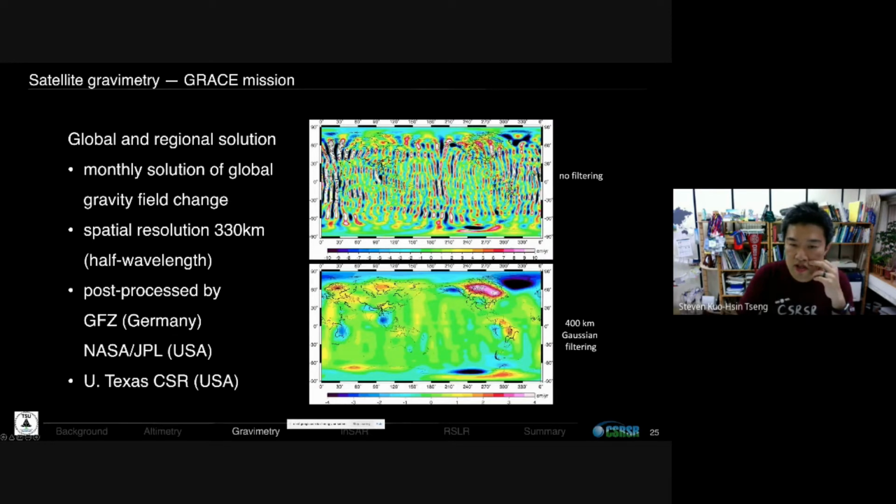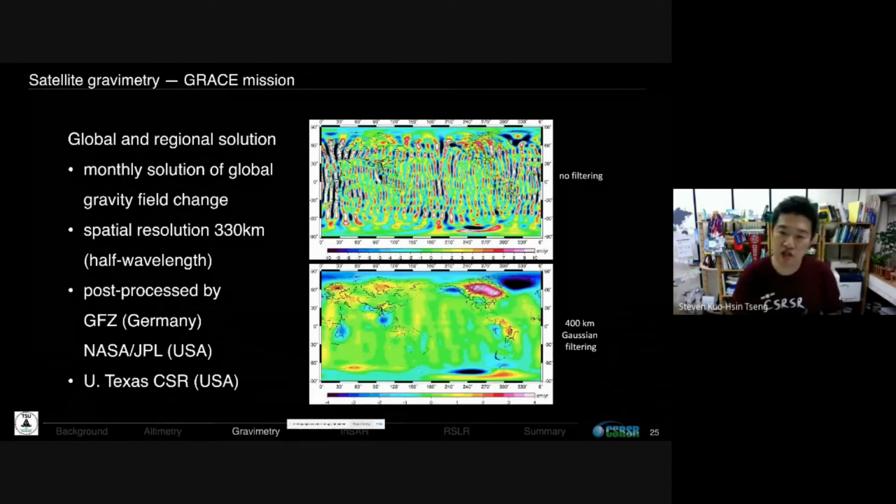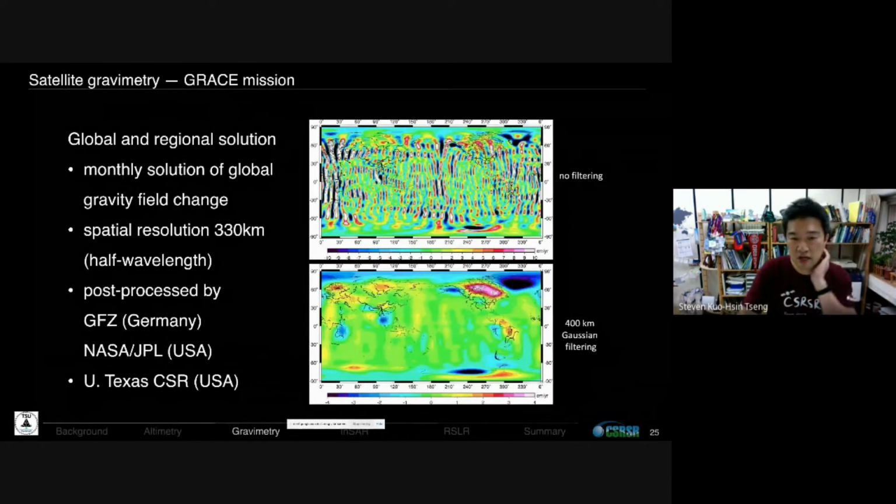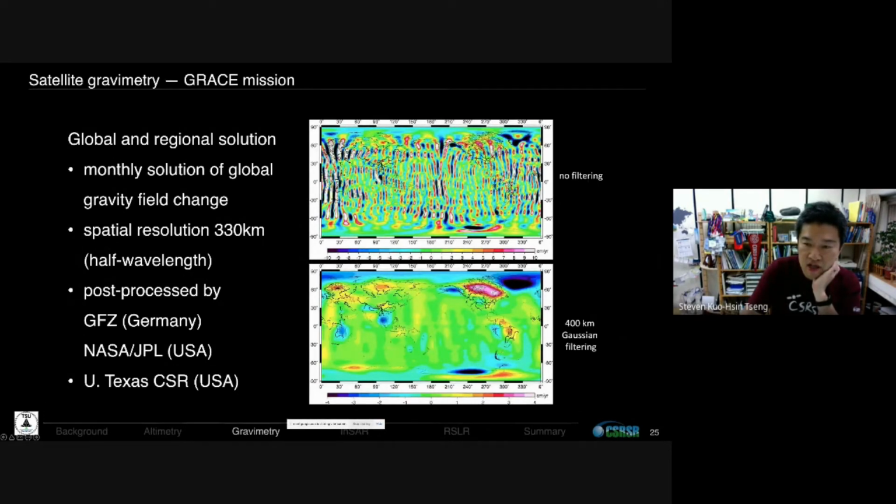You can probably also see some positive signal here. The positive signal is the so-called isostatic adjustment, or post-glacial rebound. These are the areas where, during the last glacial maximum some 10,000 to 20,000 years ago, there were very thick ice glaciers, 2 to 3 kilometers thick of ice over this area.